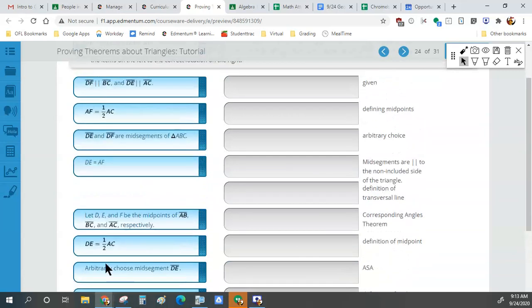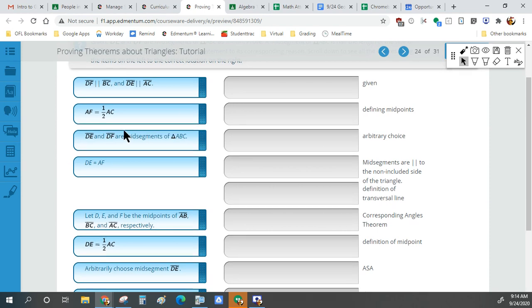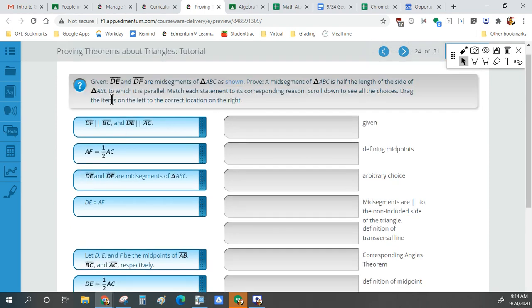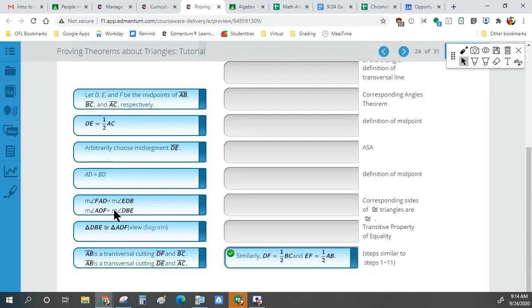So for example, DE is half of AC. So first, let's see here. Those are equal. Let's find one that proves that DE is half of a segment. Also, this is a really big proof. Arbitrary choose segment.